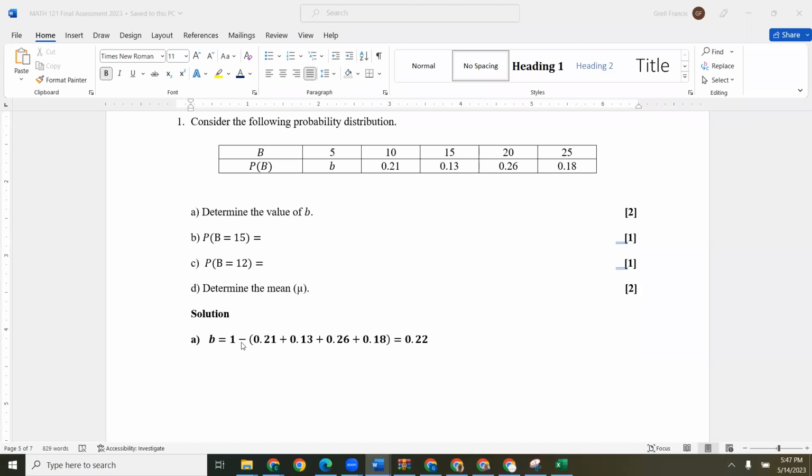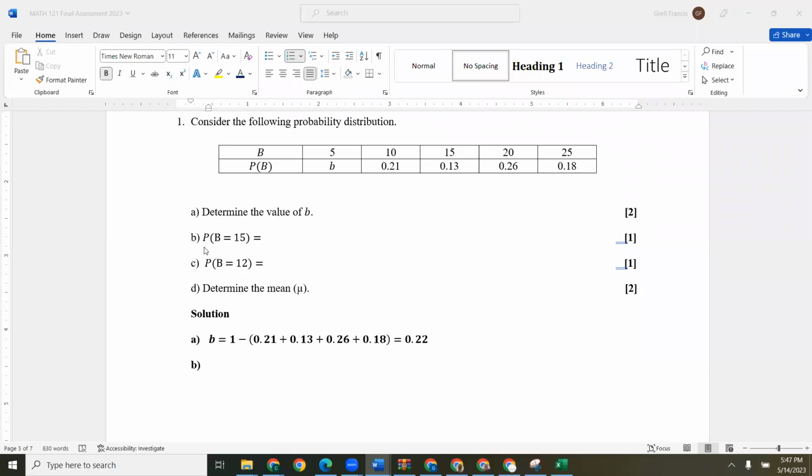So the value of B here is 1 minus (0.21 plus 0.13 plus 0.26 plus 0.18), and that will give us 0.22. So let's find the value of B now. Let's find part B. We got the value of B to be 0.22.